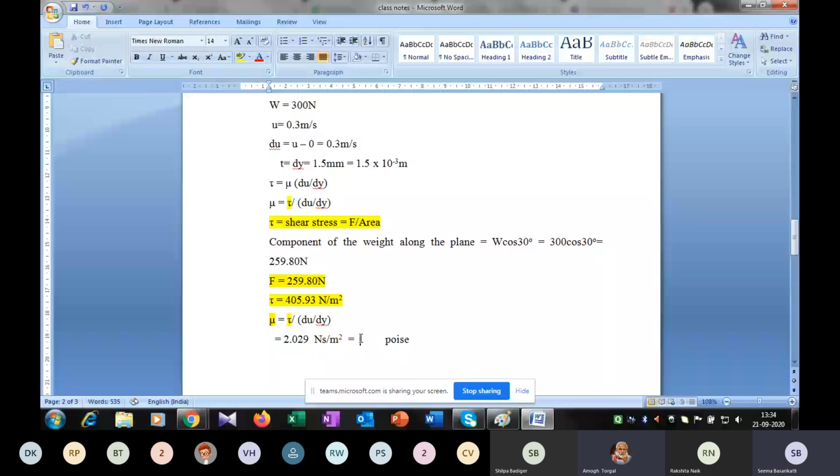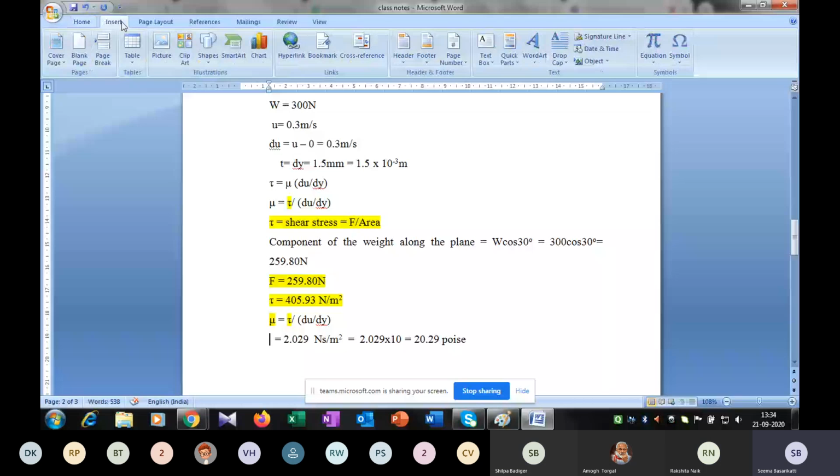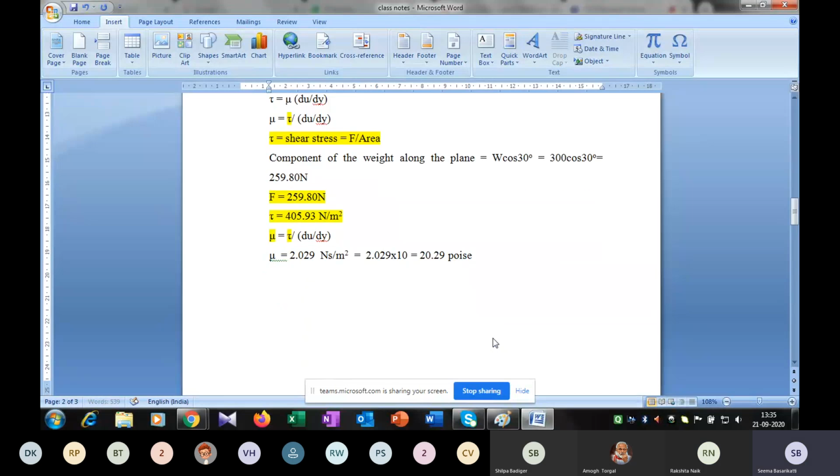It is multiplied by 10, which is equal to 20.29 poise. Okay. All of you have got the same answer. Are there any doubts? No, ma'am. Okay. Shall we move to the next problem? Yes, ma'am. Okay.